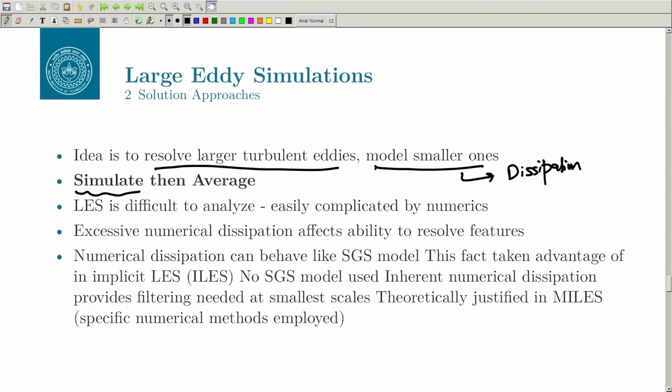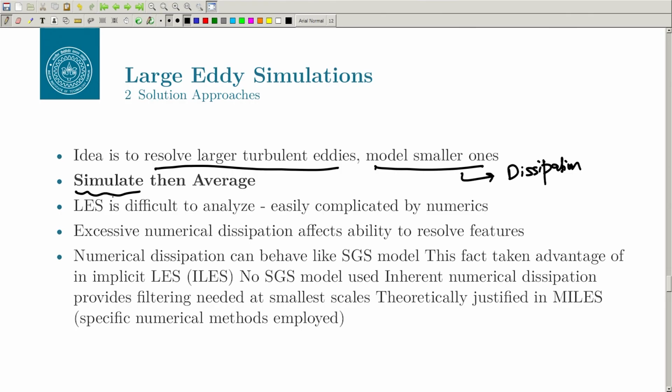We will not get into the argument of how to derive the filtered Navier-Stokes equations. For all practical purposes it is the Navier-Stokes equations, and for the eddies which cannot be resolved by the grid we use some kind of model. We do not average the equation in the beginning.